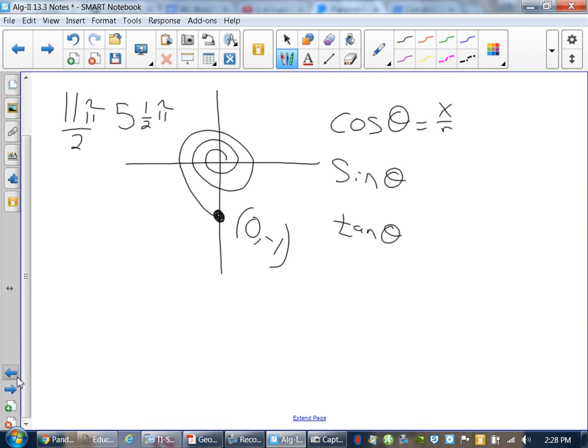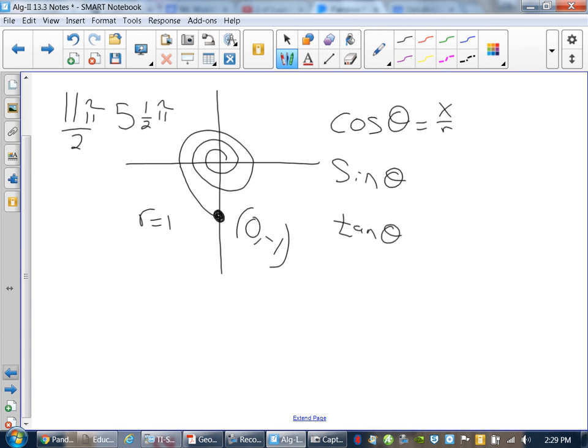What's the R value when you're on the quadrantal? No matter where you are, it's always going to be 1. Your R value is always going to be 1 whenever you land on a quadrantal, no matter what. So in this case, what's my value of x? 0.